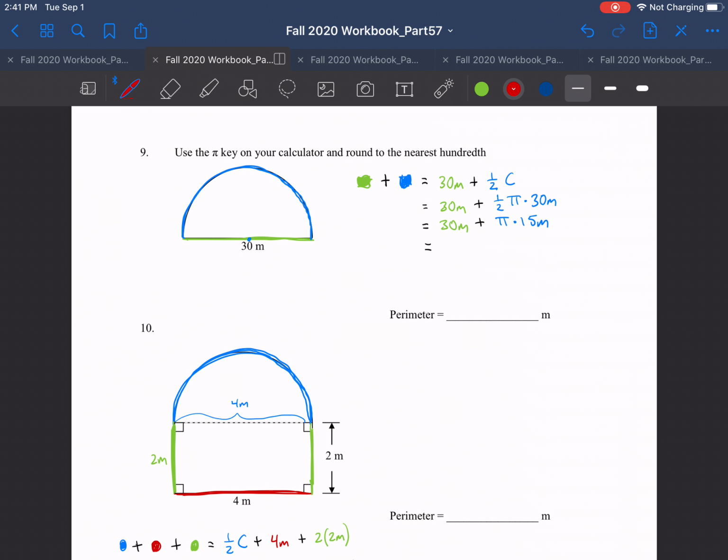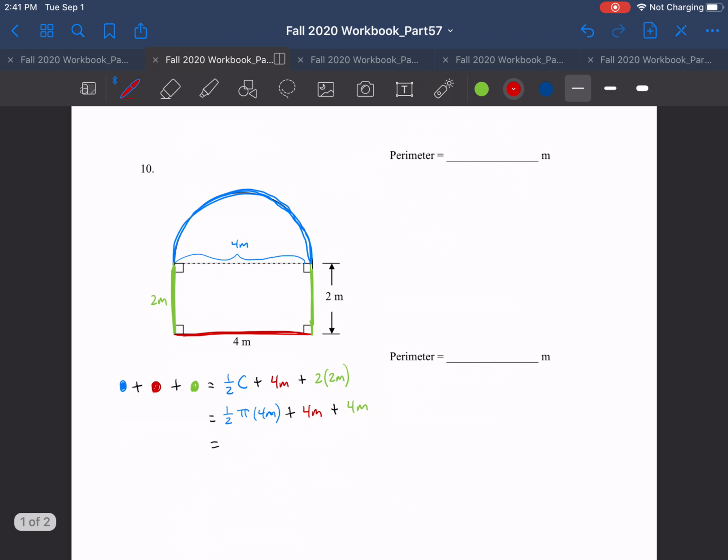It was just a matter of actually adding them together, so I'll do it real quick. 30 plus pi times 15 should give us 77.12 meters. And then this last one was just going through, we'd gotten it all the way to this part right here, so we can just type that in.